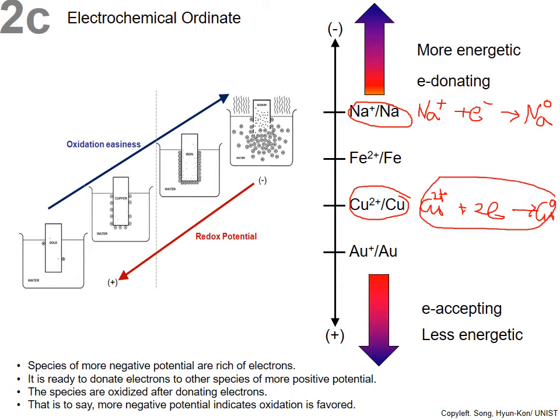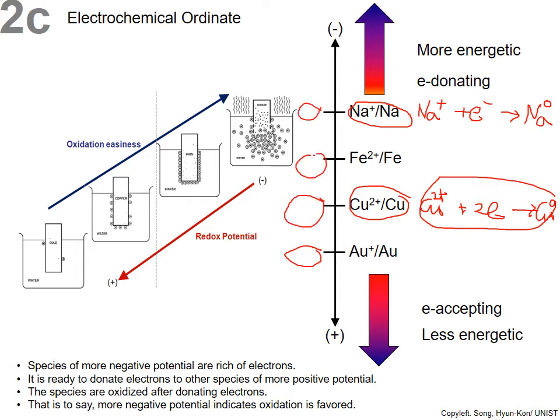Okay, let's go back to the electrochemical ordinate. Again, here we have an electrochemical ordinate, and right now we have 4 species placed on it. Each pair of electrochemical species has its own reduction potential value.